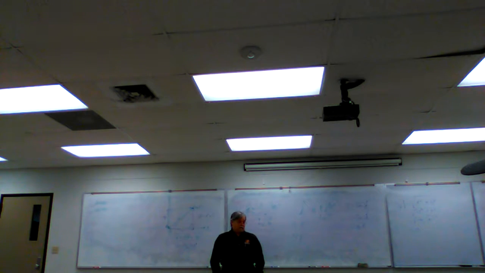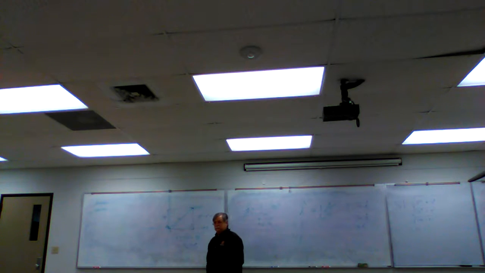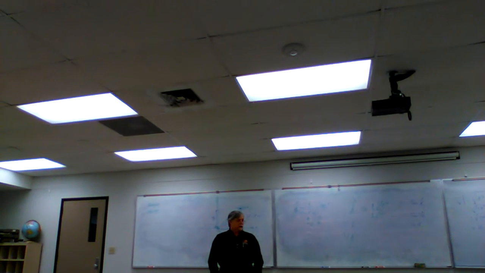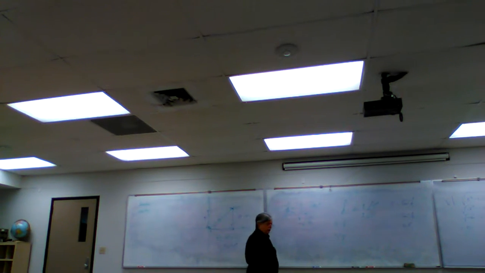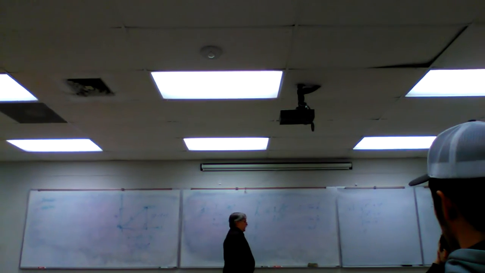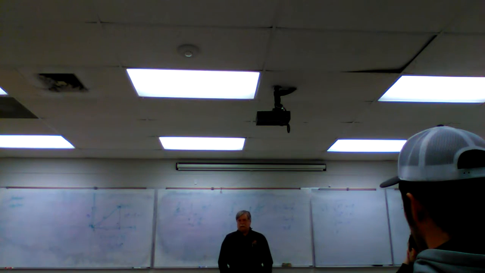The ones who left it in degree mode got answers like 0.001, 1 over 100, way, way off, completely wrong answers. Always make sure you're working in the right mode, degrees or radians.